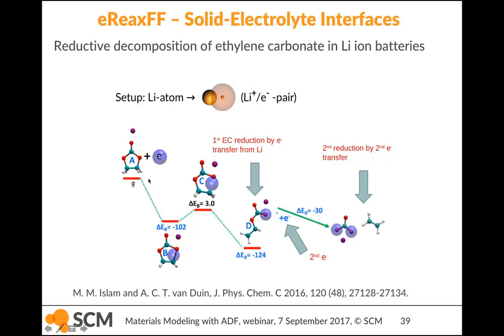So here is a reaction pathway of what's happening when you have a lithium atom and you add an electron, so that comes from the anode. The lithium can add another electron to your system, so essentially you have a 2-electron reduction here, and eventually you can split off ethylene here and carbonate dianion, and so that's a reaction pathway, but you can actually see that happening dynamically as well.